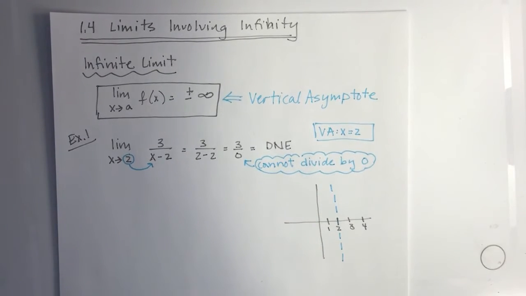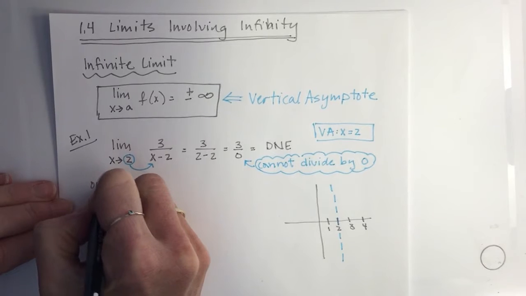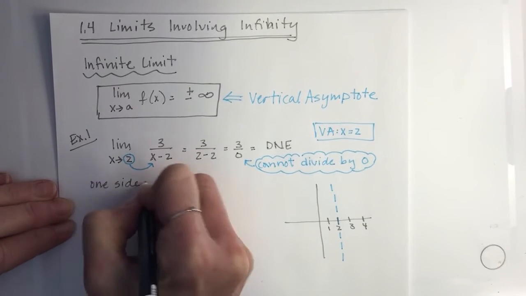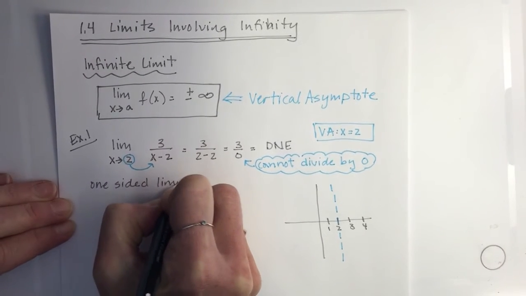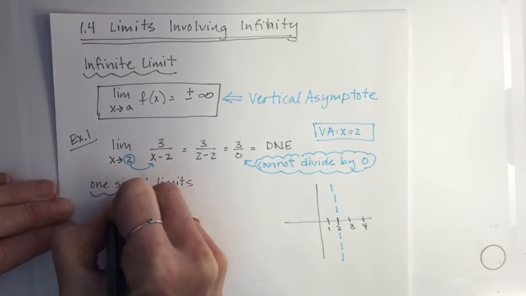Okay, but are we going to positive infinity or negative infinity? What the heck does this graph look like, right? So that's where you look at the one-sided limits to determine more information, right? One-sided limits.